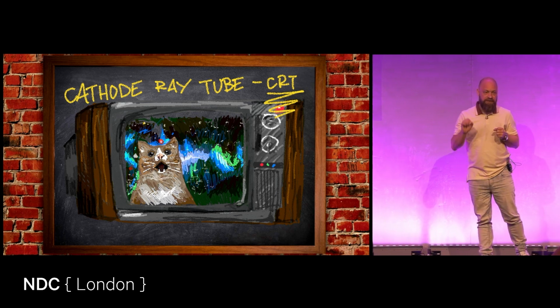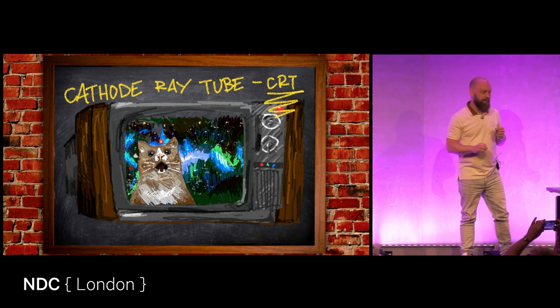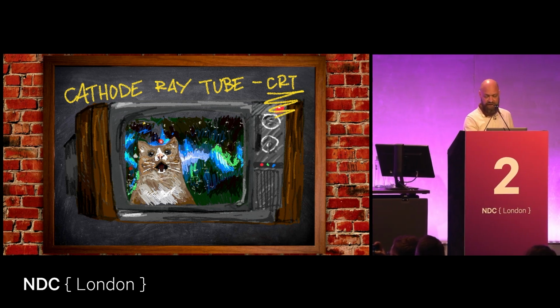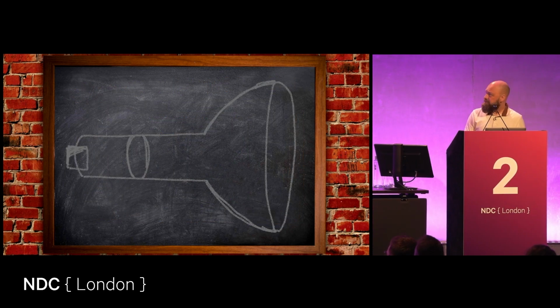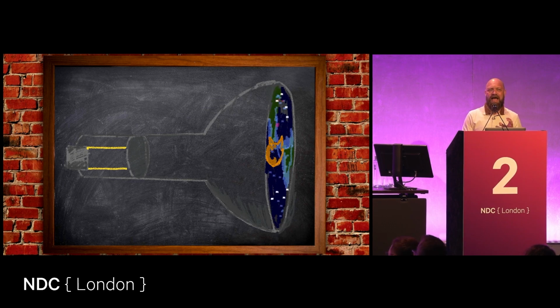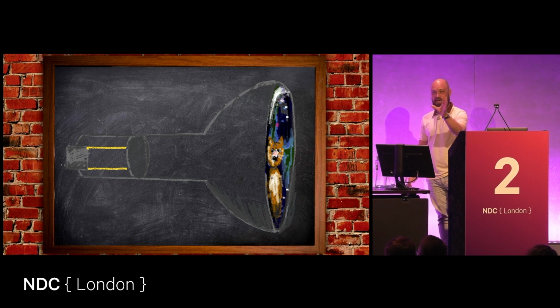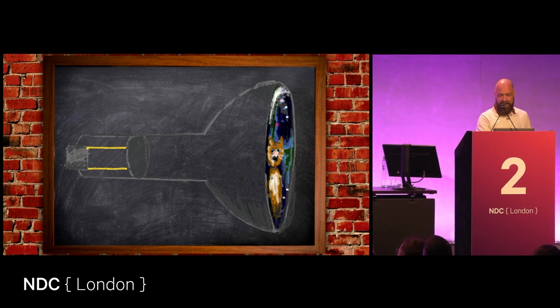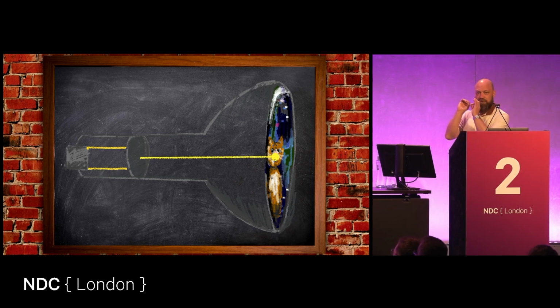It had something inside it called a cathode ray tube, or a CRT screen, and that would actually mean that you had an actual ray gun in the middle of your living room firing beams towards you. So you were sat, the ray gun was at the back, it fired beams towards a fluorescent screen at the top, forming an image.